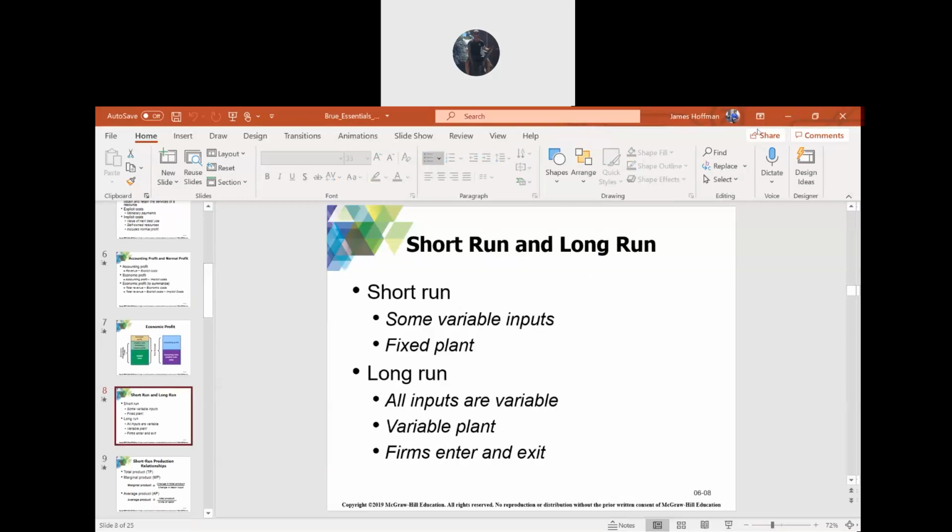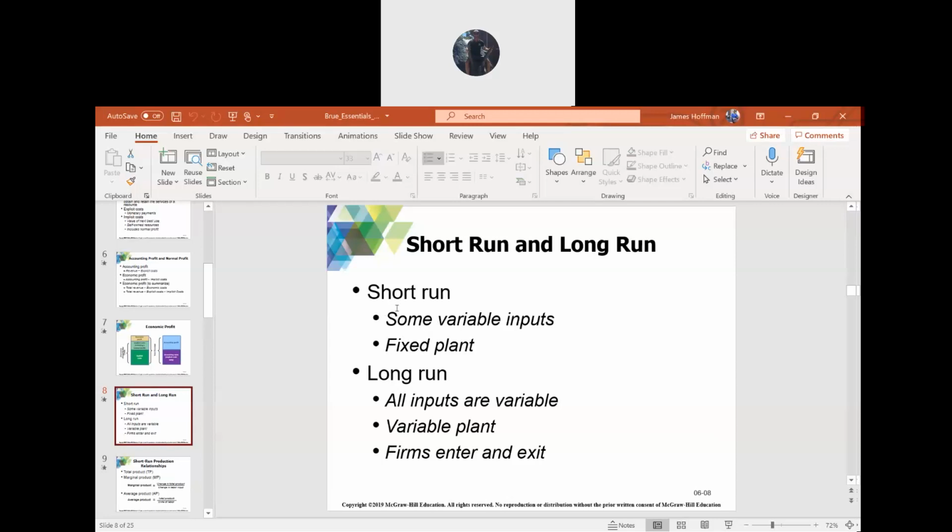Okay, so it's really going to depend on the type of the firm, the industry, and how long the short run versus the long run is. The short run could be very quick if you can make those adjustments quickly. So if you're in just a tech-based company or an app-based company, all your plant changes involve just some coding or some new app.